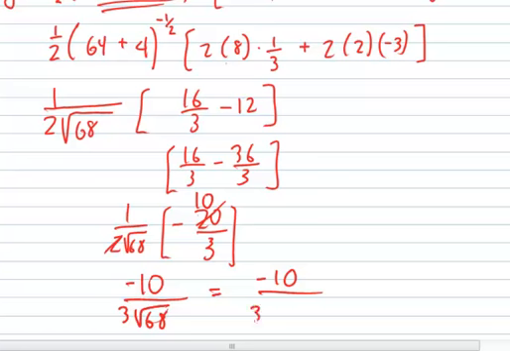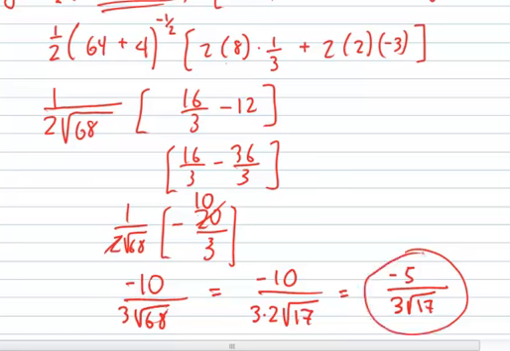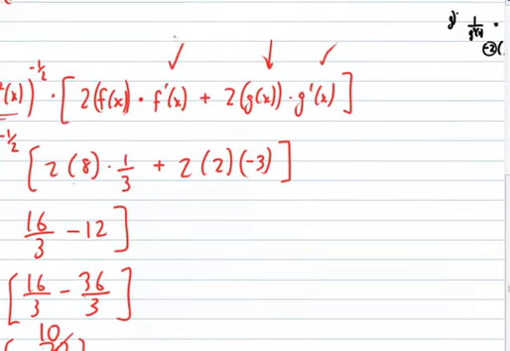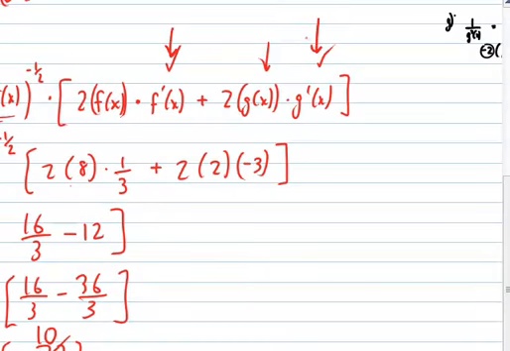So it'll have 3 times 2 root 17. Final answer will be negative 5 over 3 root 17. Now this, of course, is simplifying. It's not nearly as important for the process as not forgetting these terms, those prime terms, in taking the derivative.